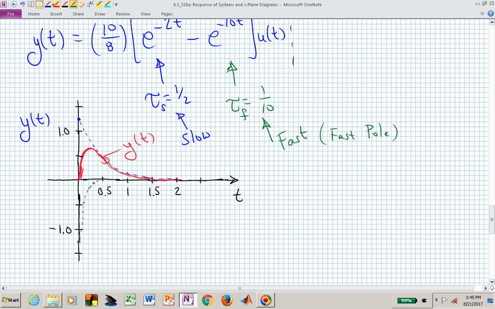And now, if we wanted to comment, this is now 5 times tau slow, which is our dominant mode behavior.